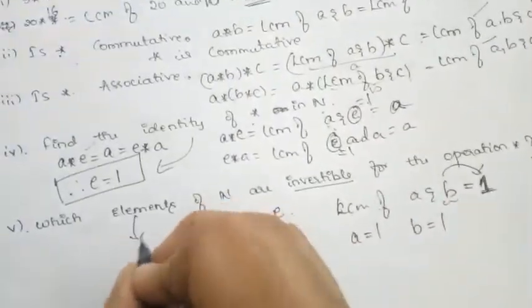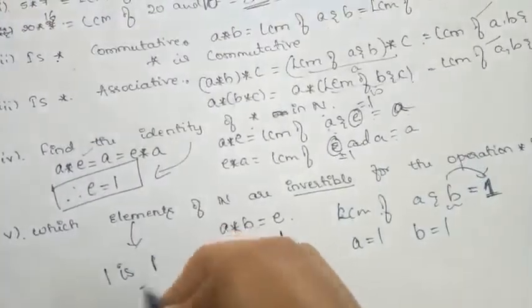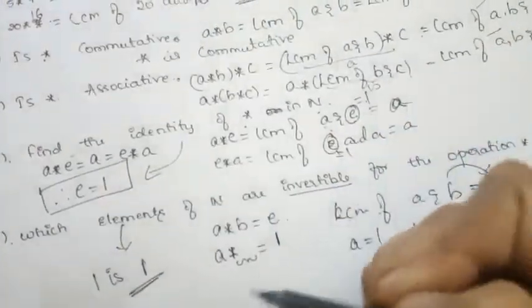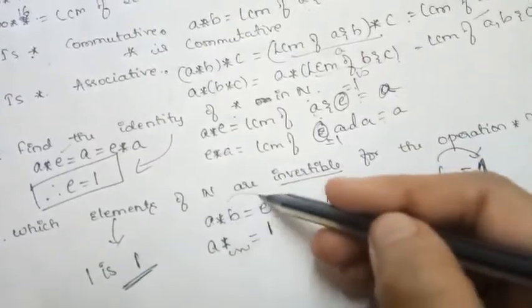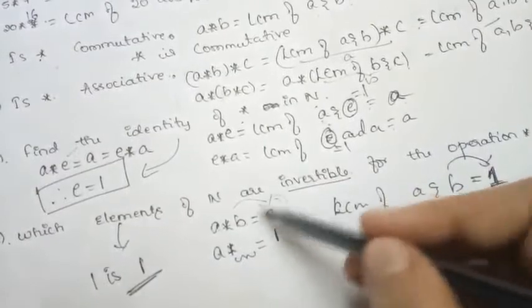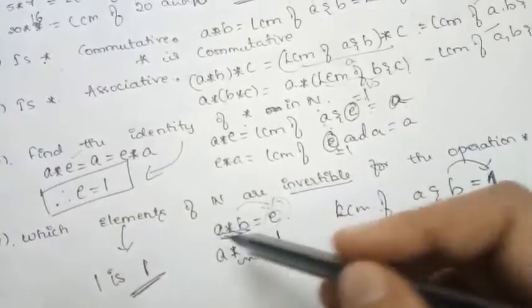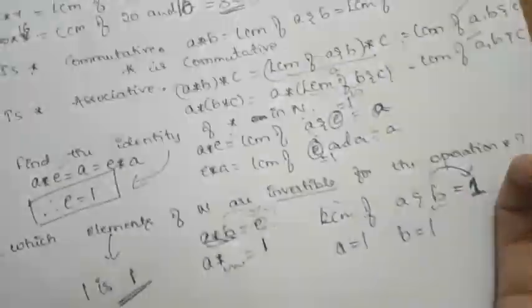So only 1 is invertible, that is, 1 itself is the inverse of 1. So 1 star 1 is LCM of 1 and 1, and the LCM of 1 and 1 is 1. This is how we get the identity element back with the two elements. So 1 is the only invertible element.